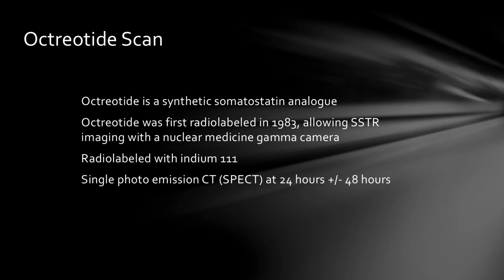They can also identify where there is physiologic uptake. Physiologic uptake means normal uptake that we would see in a person who doesn't have a neuroendocrine tumour, because there are cells throughout the body which have these somatostatin receptors on their surface.